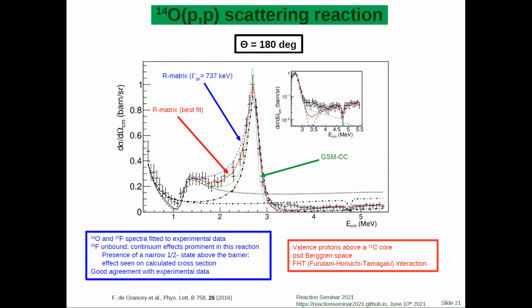But what was seen experimentally and could not be explained is the appearance of a narrow 1/2- state above the Coulomb barrier, but with a very small width, about 30 keV. And one could not explain it.